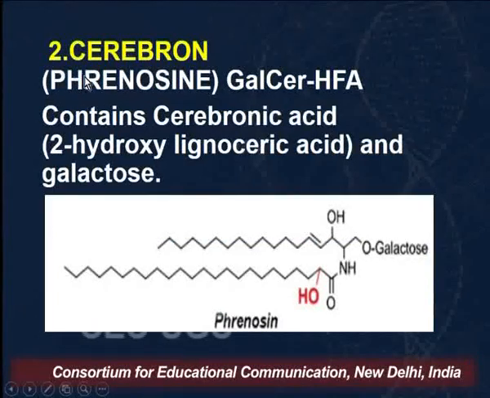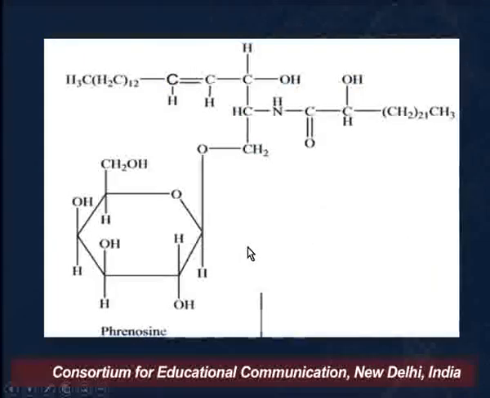Now when we talk of cerebron, which is also known as phrenosine, it is Gal-Ser-HFA. What this indicates is that it has a hydroxy fatty acid in it. The rest of the composition is the same as kerasin. So we have a hydroxyl group here in the fatty acid.